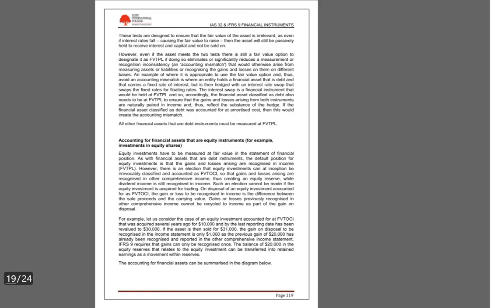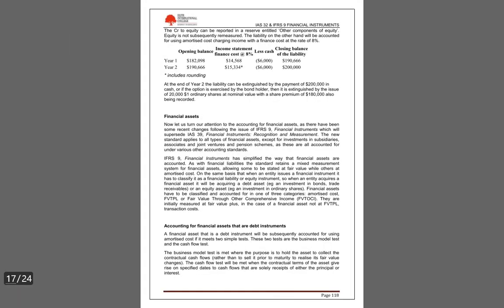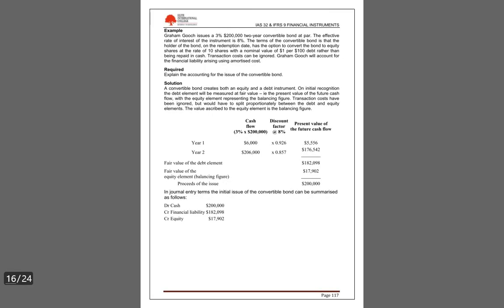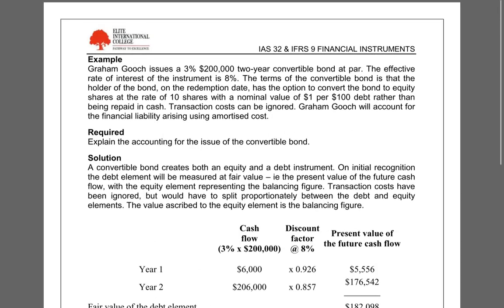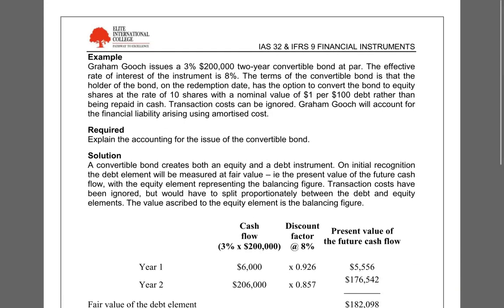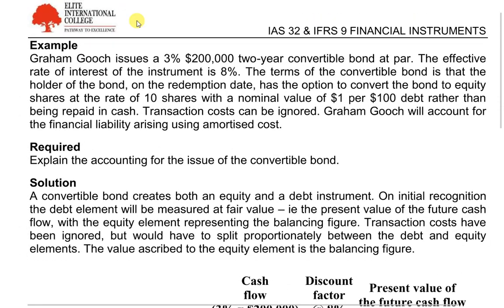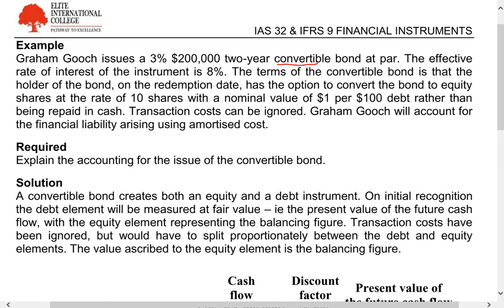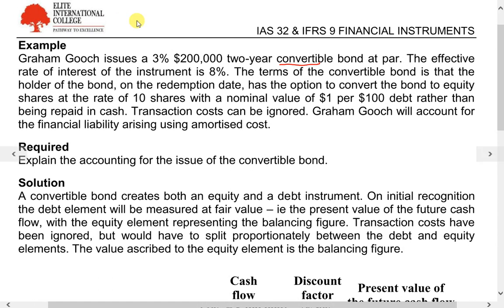We look at page 117, compound instrument. The keyword here is convertible, right? So what must we do? Find the liability and equity.